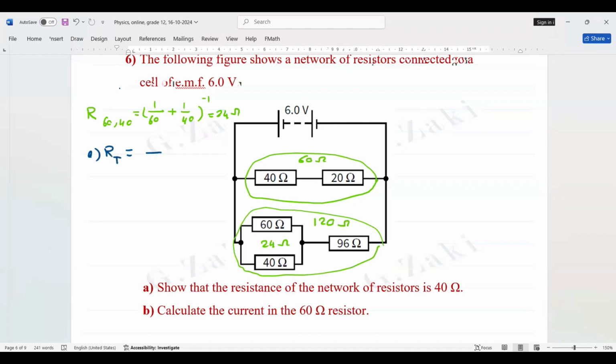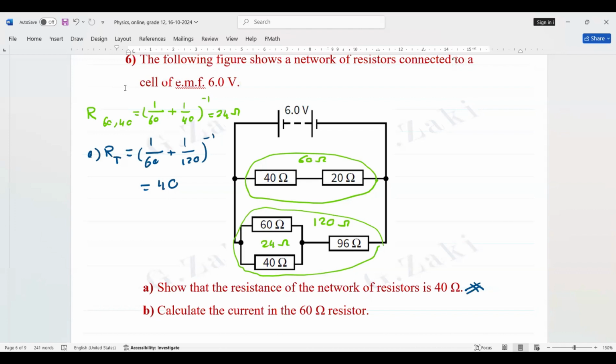Then it's 1 over 60 plus 1 over 120, all to the power negative 1. The answer exactly is 40. It said show that the resistance is 40. Finished. Now, part B, calculate the current in the 60 ohm resistor.